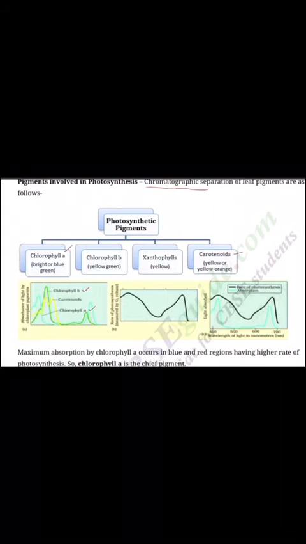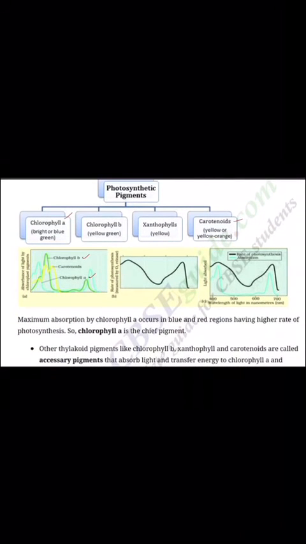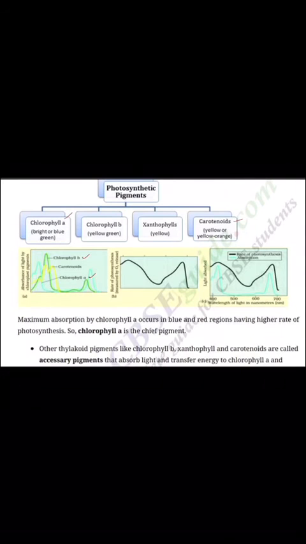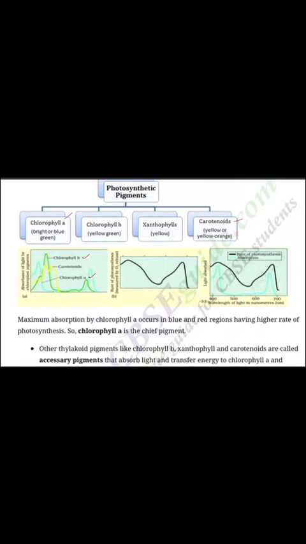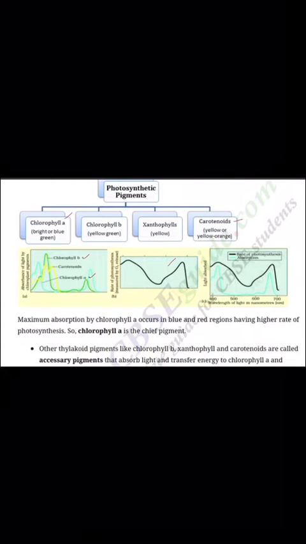When we do this graphical representation, you understand that there are varieties of lines, that is, the spectrum is different. Chlorophyll A shows maximum absorption, followed by carotenoids and chlorophyll B. Similarly, the amount of oxygen released also indicates the rate of photosynthesis.